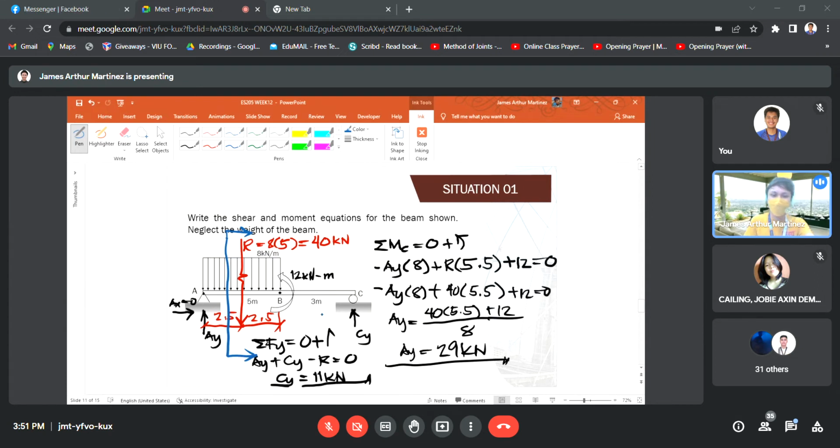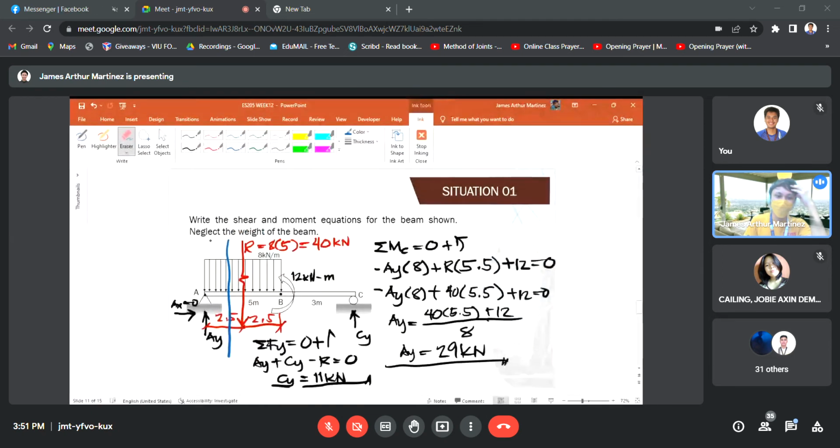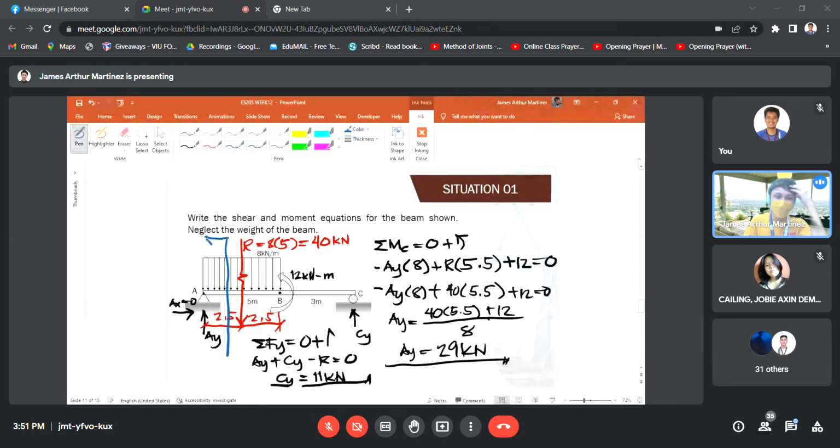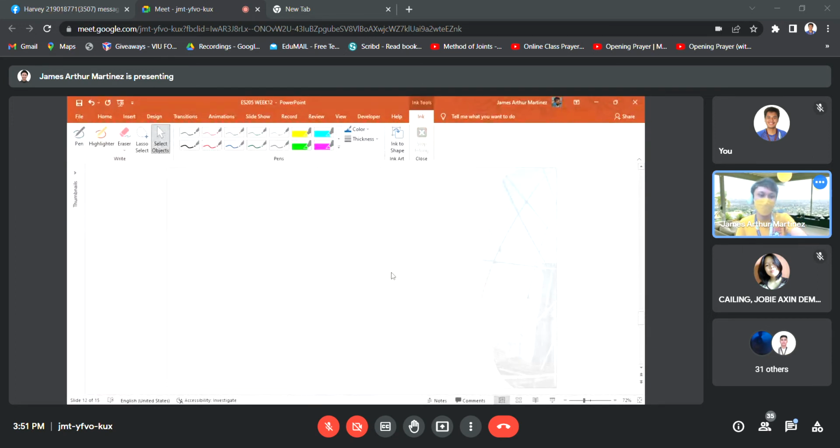So it is much easier for us to analyze if we look at the left side of the cutting plane, since there is only the distributed load and the reaction at point A. Okay? So with that being said, let us analyze section, or rather segment, A to B.